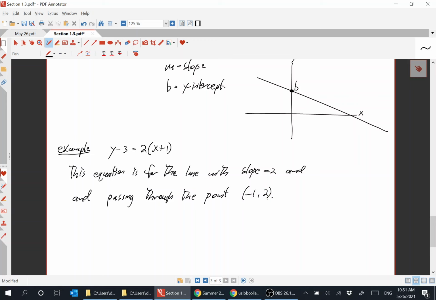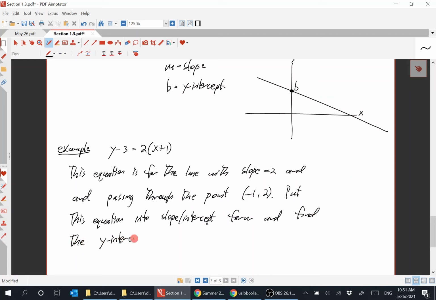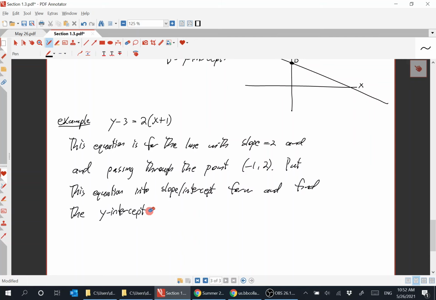Transform this equation into slope-intercept form and find the y-intercept. And then let's sketch the equation, find the y-intercept and the x-intercept, and then graph the line.